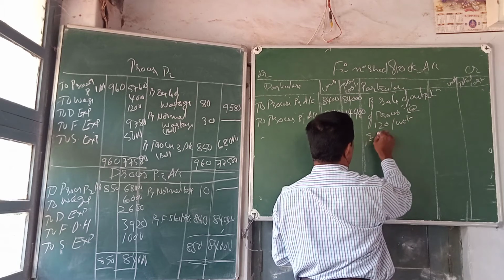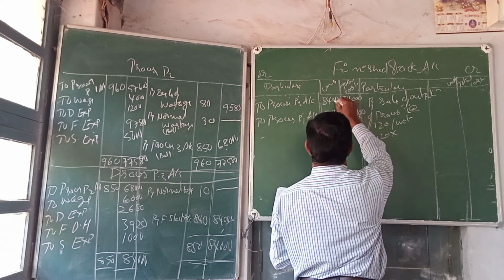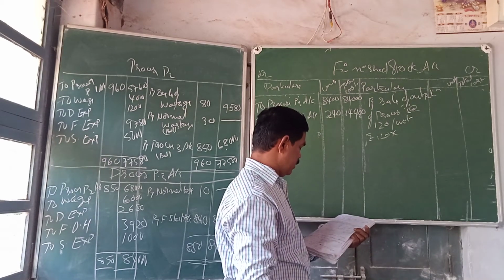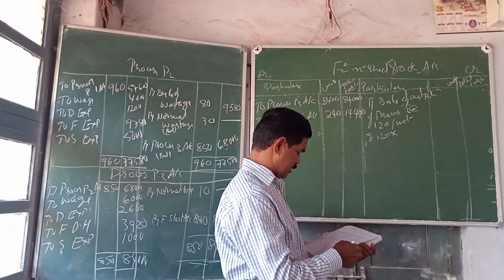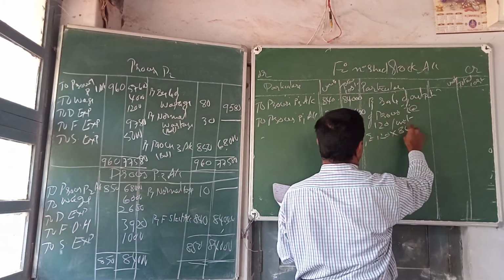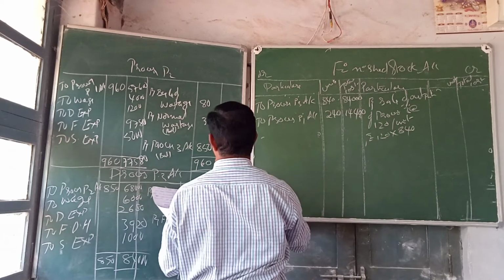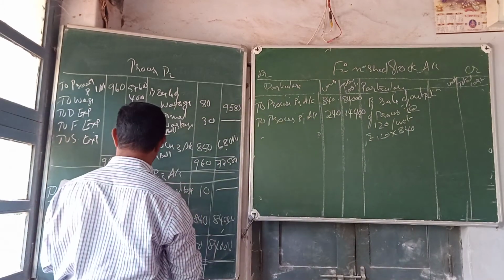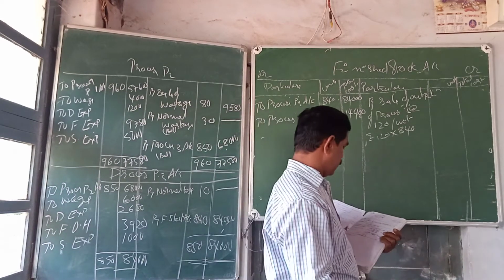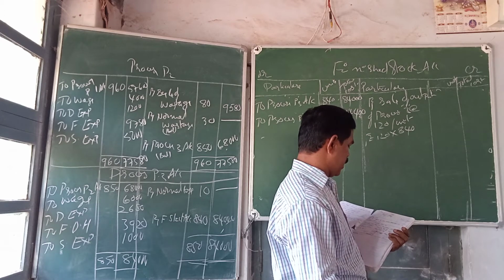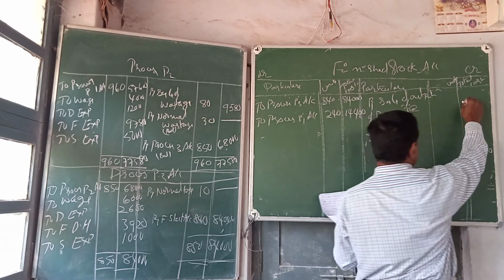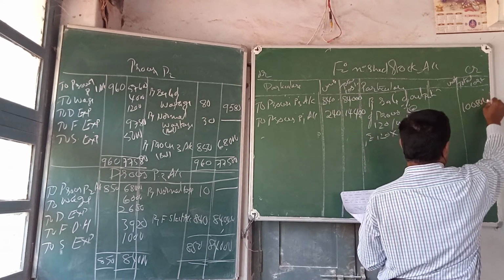So rupees 120 into process 3's output, which is 840. So how much? 840 into 120 is 1 lakh 800.